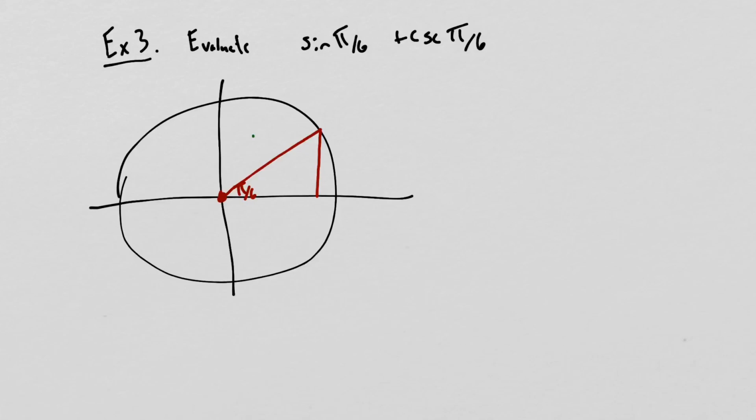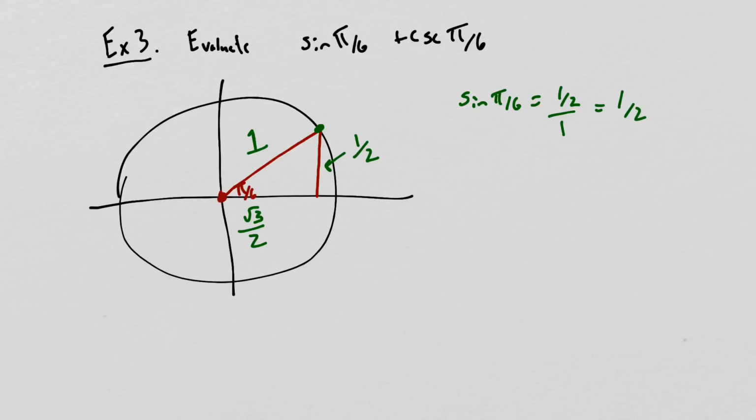Since we know this has a radius of 1, the hypotenuse of this triangle has length 1. Pi divided by 6 has a side of length 1 divided by 2, and it's adjacent to the side of length square root of 3 divided by 2. Then sine of pi divided by 6 is equal to opposite divided by the hypotenuse, so 1/2 divided by 1, which is 1/2.